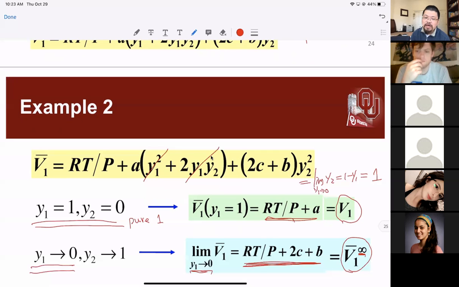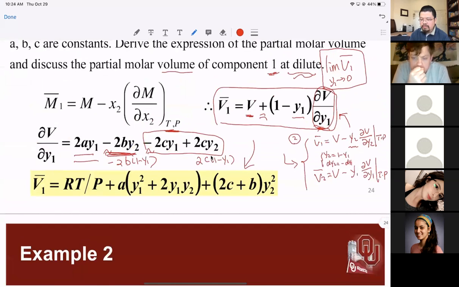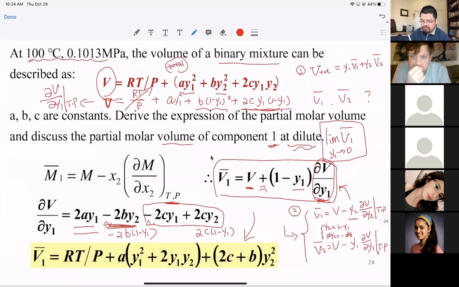So you can see that they are always connected, right? This pure molar volume, partial molar volume, total volume of the mixture, and the volume change from the pure volume to the total volume of the mixture. We should be able to calculate all of them. And the tool we have is the two equations.